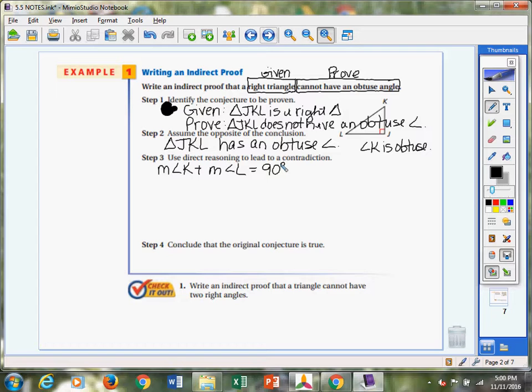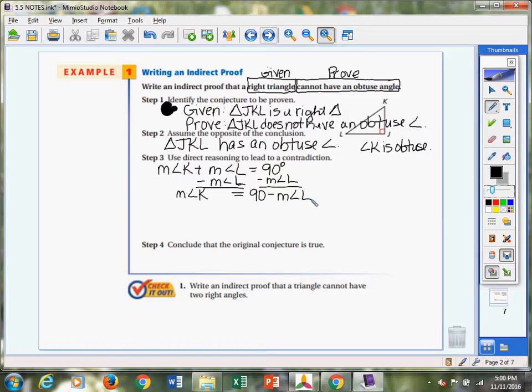They add up to be 90 degrees. Now, the measure of angle K, what we're going to do is subtract L from each side, and we're going to end up with the measure of angle K equals 90 minus whatever L's measurement is. Okay?